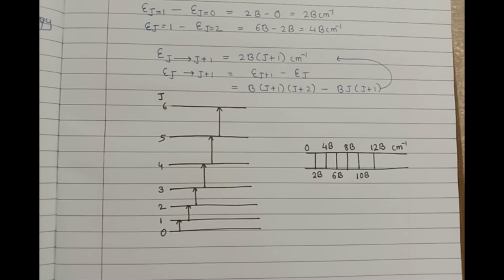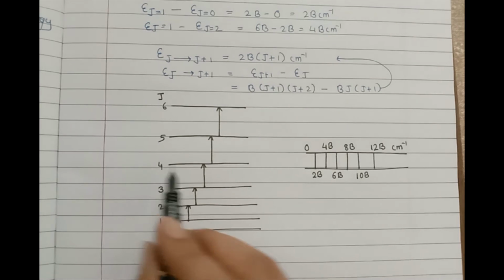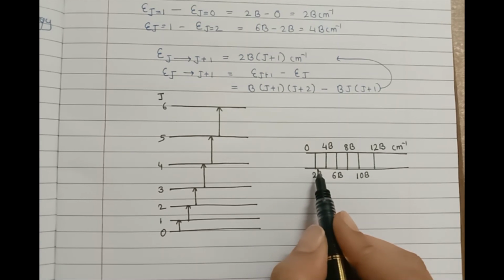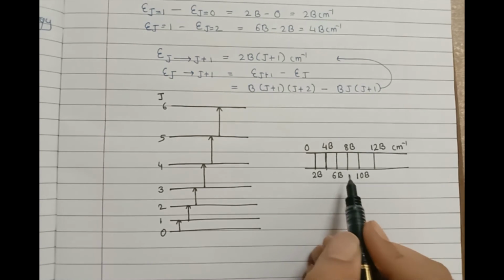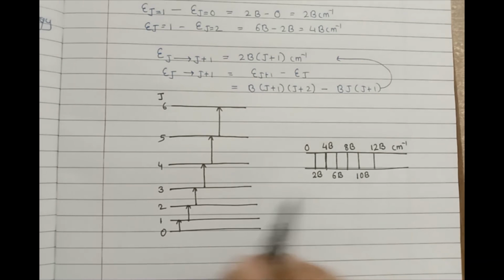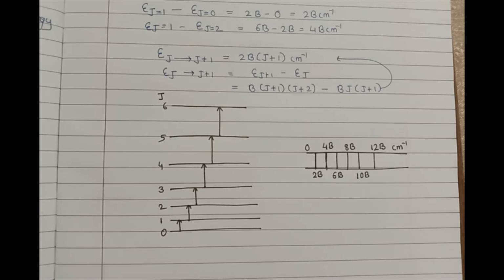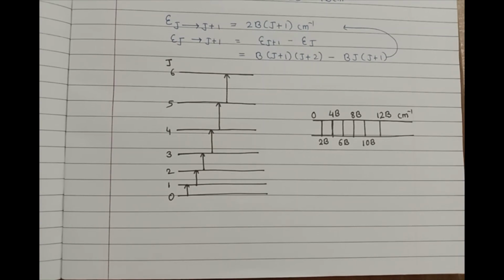So see students, this is the diagram which shows the transition of the atom from 0 to 1, 1 to 2, 2 to 3, 3 to 4, and these are the allowed transitions, and which shows the spectrum lines at 2b, 4b, 6b, 8b, 10b and 12b. So here there is one point of selection rule. So what does this selection rule mean?